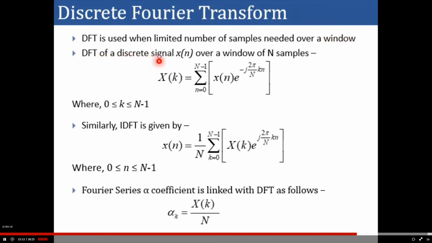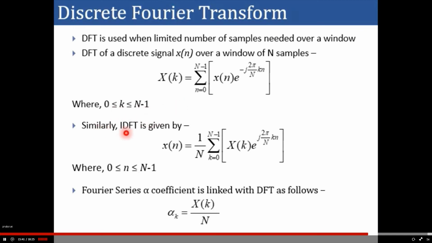DFT of a discrete signal, let's say x(n), over a window of capital N samples, can be defined as X(k) is the summation from n equal to 0 to N minus 1 of x(n) e to the power minus j 2 pi by capital N k n. The value of k ranges between 0 and capital N minus 1.